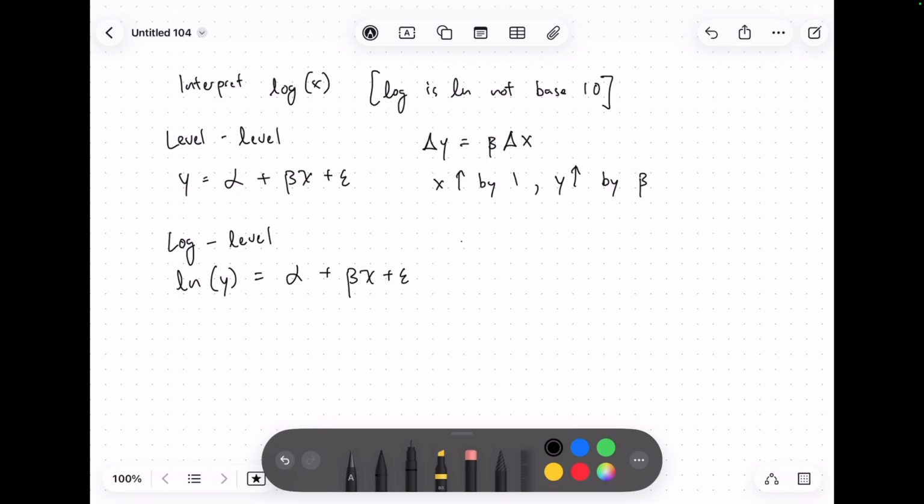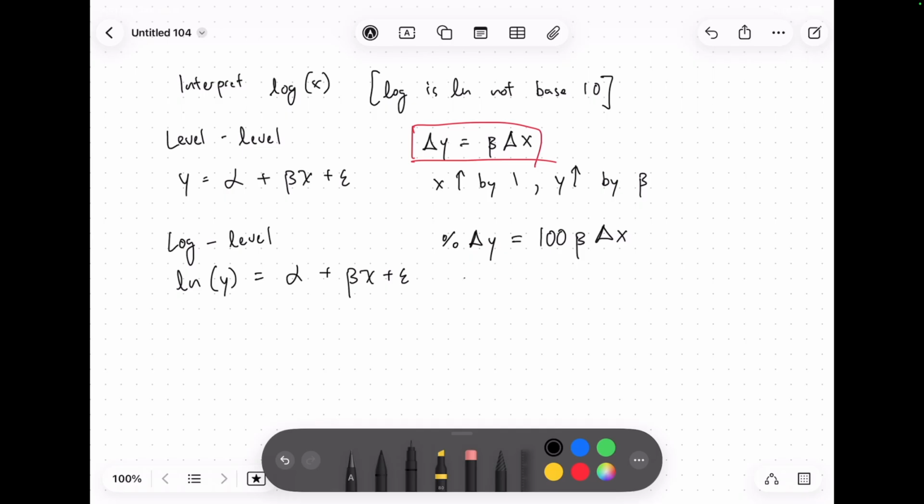Let me describe what this looks like. We're going to modify this just a little bit, and you say the percent change in y is equal to 100 times beta times the change in x.